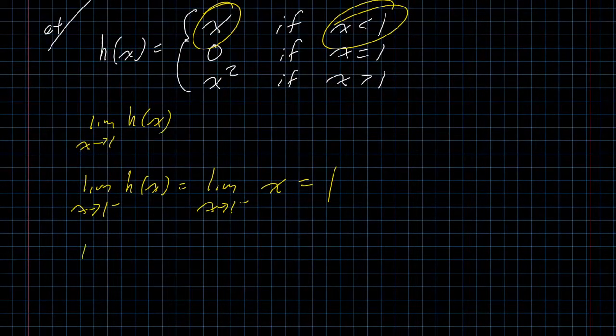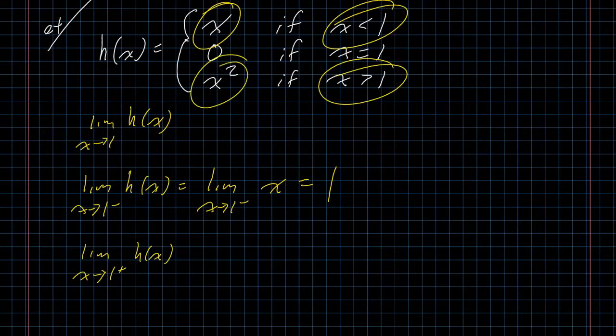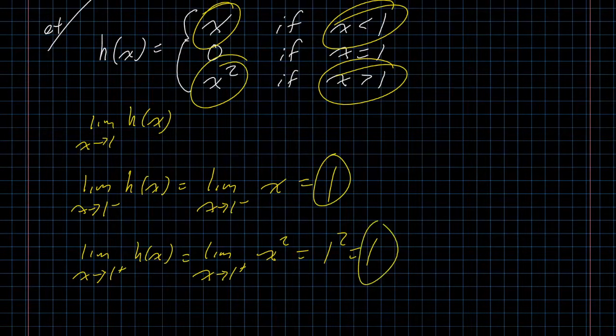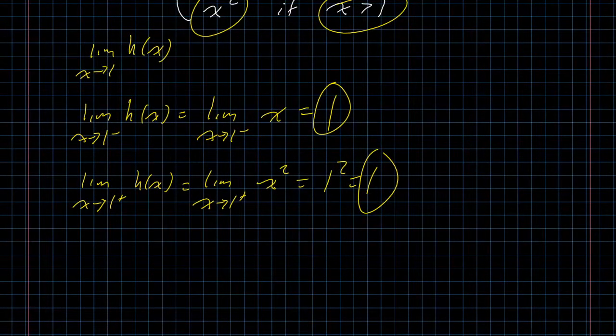Then we'll take the limit as x approaches 1 from the right of h of x. And whenever we are to the right of 1, we're in this regime where h of x is x squared. And so we get 1 squared, which is 1. The results agree. We get the same thing on the left and on the right.